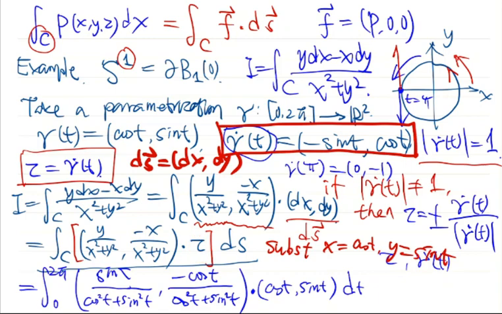It should be minus sine t, cosine t, as given in the red box. Okay, so this precisely simplifies the integral. It is minus 1. Therefore, the result is minus 2 pi.